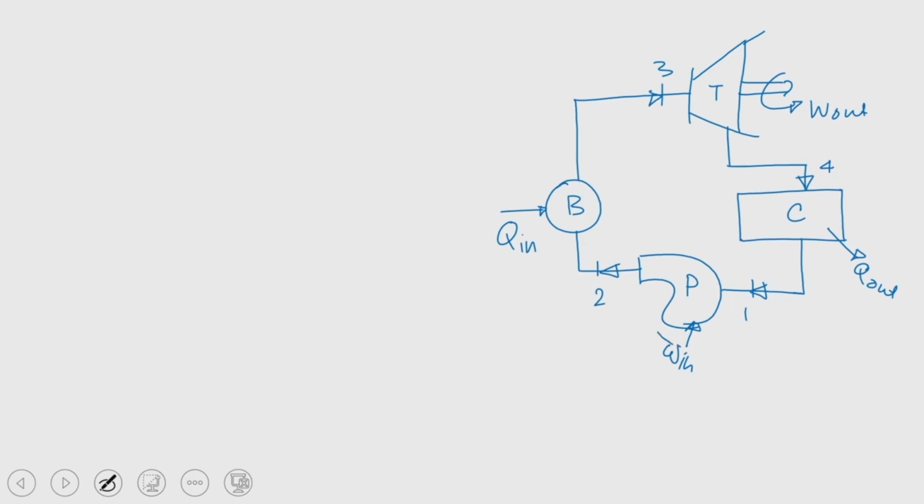You know that we can see only the major equipment: boiler, turbine, condenser and pump. So, B for boiler, T for turbine, C for condenser, P for pump.